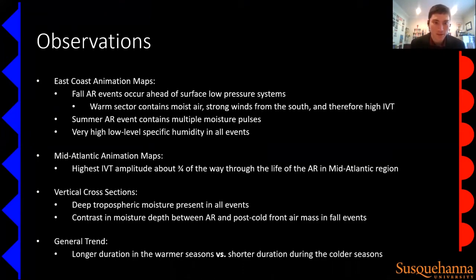In the Mid-Atlantic animation map slides, within the line charts, you can see high IVT amplitudes about 3/4 of the way through the AR. And then moving on to the vertical cross section, we see this deep tropospheric moisture present in all events, and the contrast in moisture depth between the AR and the post-cold front air masses in all the fall events in general.